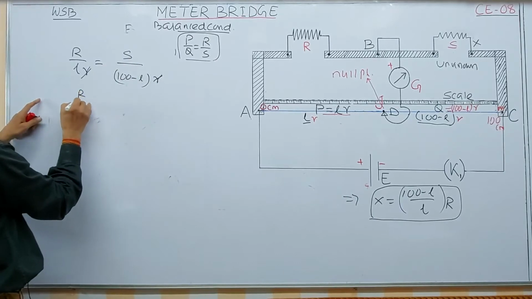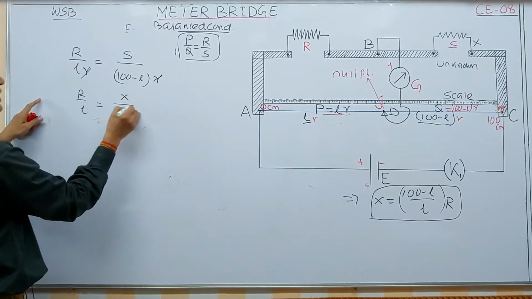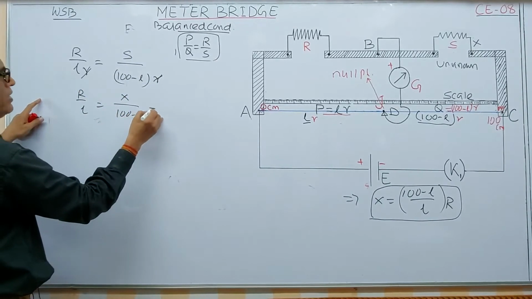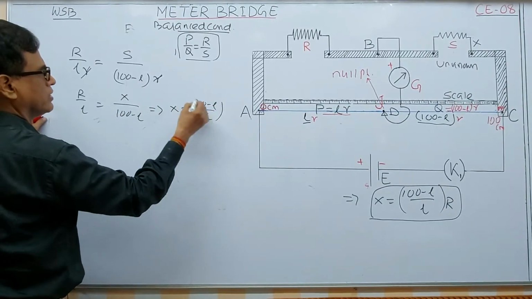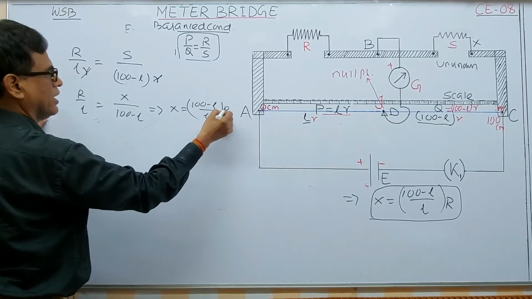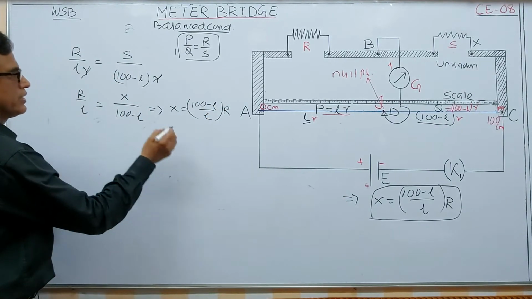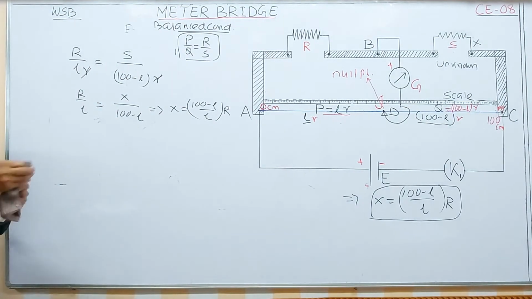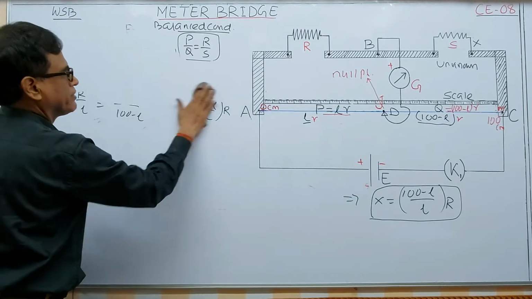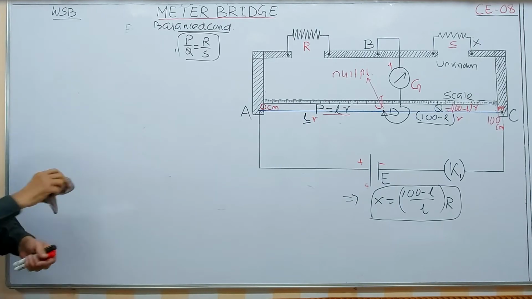So R by L, S by 100 minus L implies that S is equal to the same formula. You see, I am finding L by R, same formula. So this by this is equal to this by this. This formula should be remembered: P by Q equal to R by S.